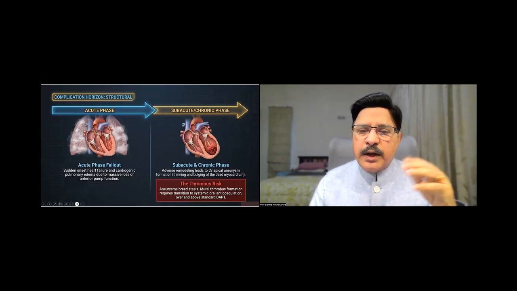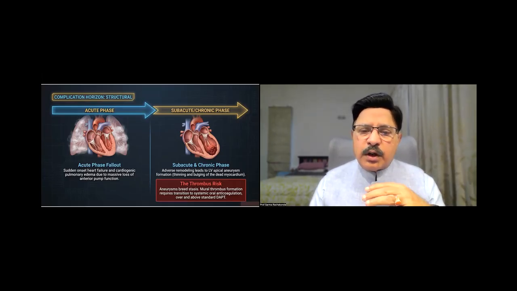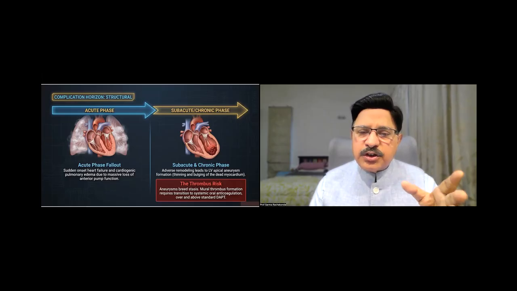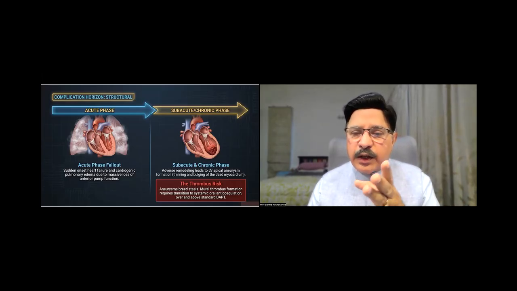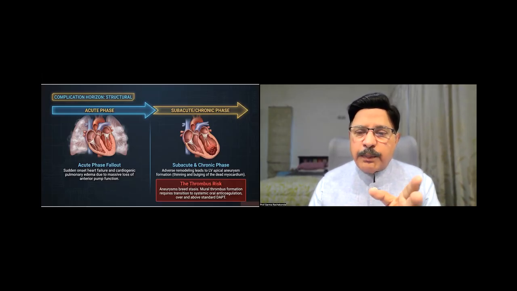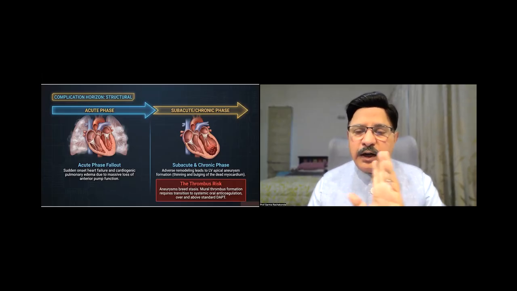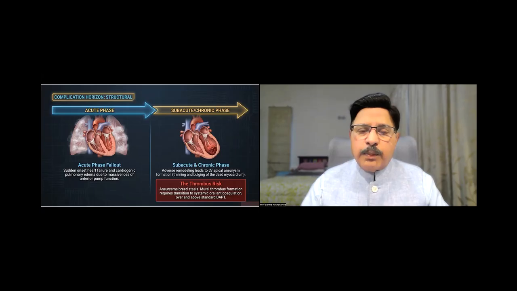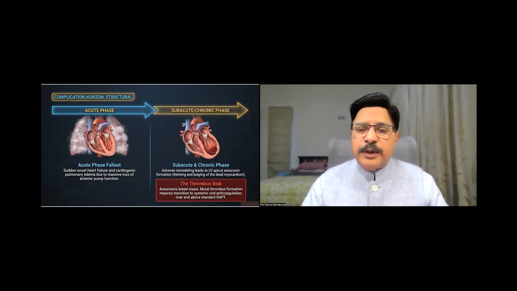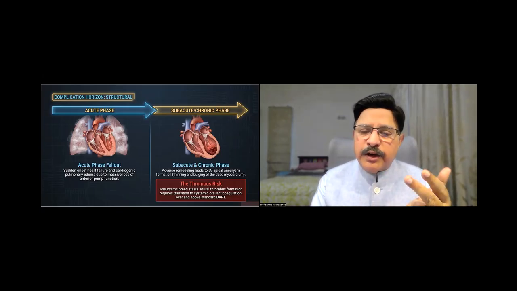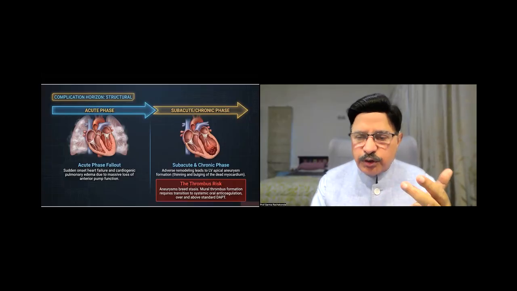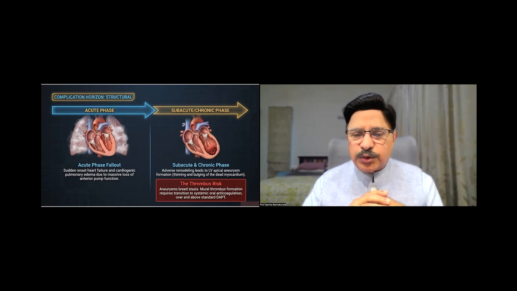Mural thrombus formation requires transition to systemic oral anticoagulation over and above the DAPT. DAPT is always dual antiplatelet treatment. Dual means clopidogrel and aspirin, or prasugrel and aspirin, whatever combination we are using.